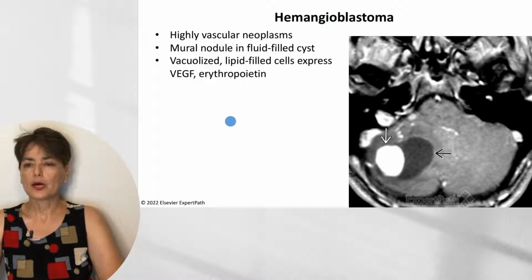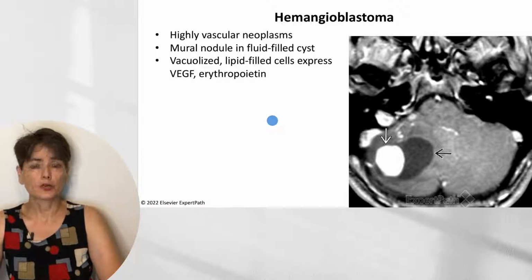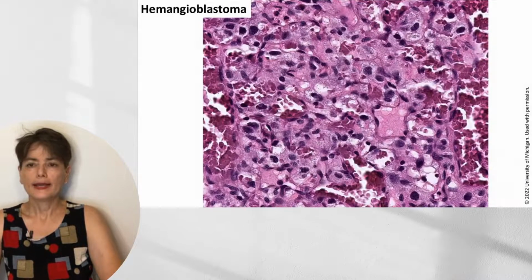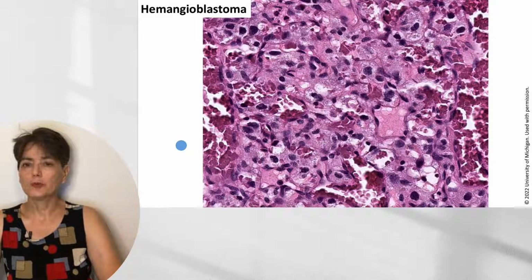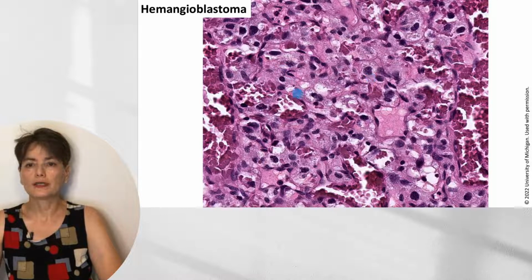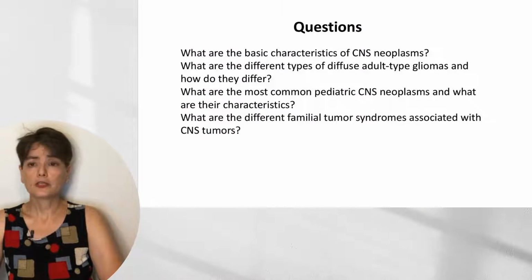These are vacuolized lipid-filled cells that express VEGF and erythropoietin. So patients with these may have polycythemia, so increased red cell mass due to erythropoietin expression. And here is an example of the tumor, and you can see why we get hemangio in this. Look at all of these blood vessels, all of these red cells percolating through, and then you can see these vacuolized lipid-laden cells here.